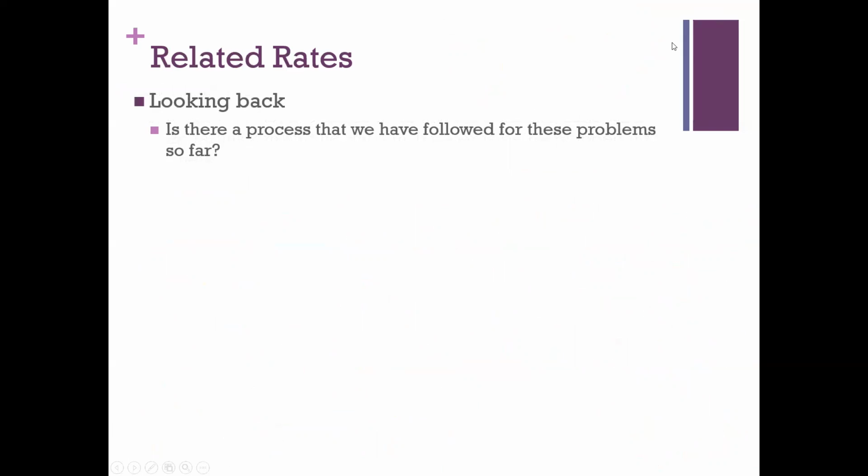All right, before I probably just do one more example today, I want to talk about this. Is there a process that we've kind of stuck to organize this and lay this out? What have we done? So define variables.